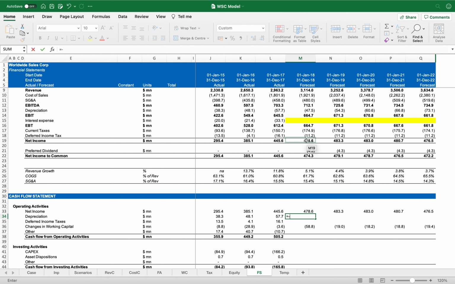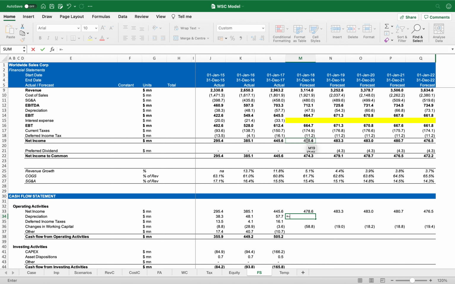Since the depreciation has already been subtracted in arriving at net income, how will I nullify this? I will be adding it back by the same amount. So this is the reason why I add back depreciation in my cash flow statement.